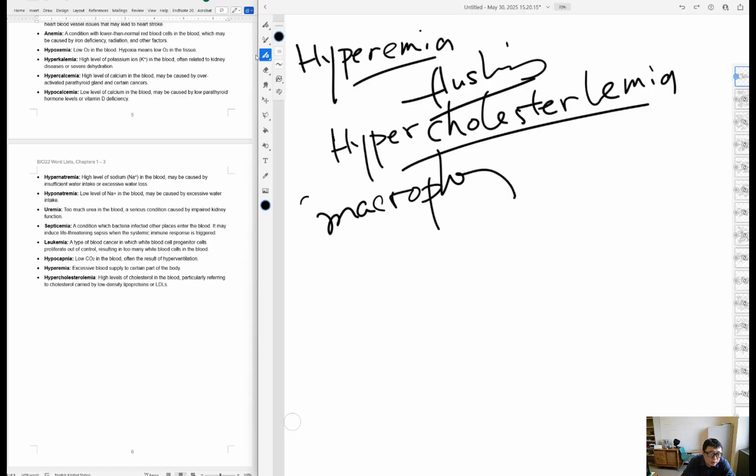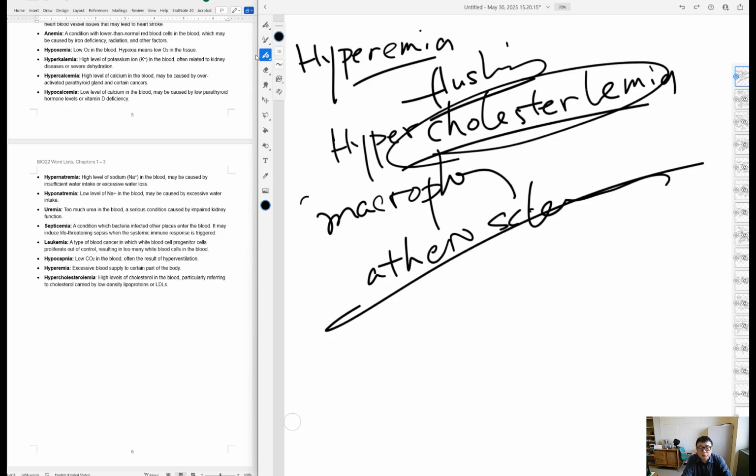This is related to atherosclerosis. Too much cholesterol in the blood is the number one risk factor of atherosclerosis, which further leads to heart attack and brain stroke.